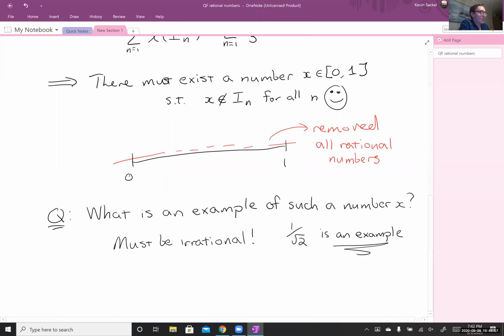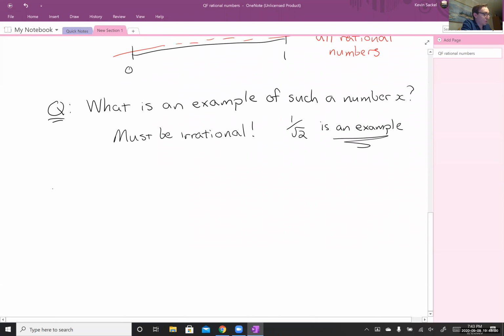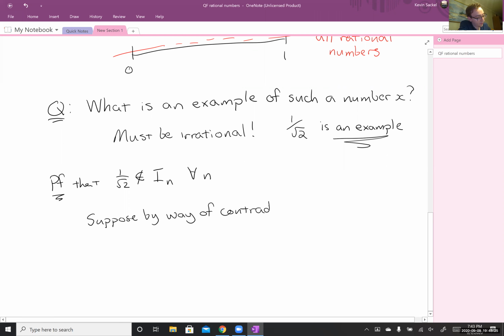So how do you prove something like this? Okay, so the proof that 1 over square root of 2 is not in I_n for all n. So let's think about what we want to show. What does it mean? Suppose, by way of contradiction, that 1 over root 2 is in I_n for some n.